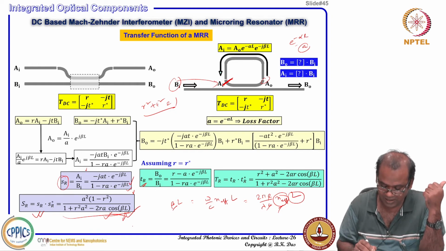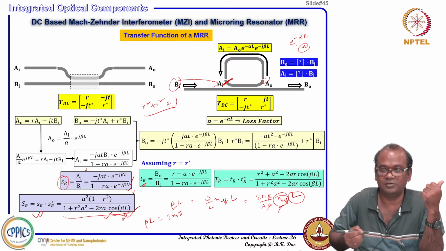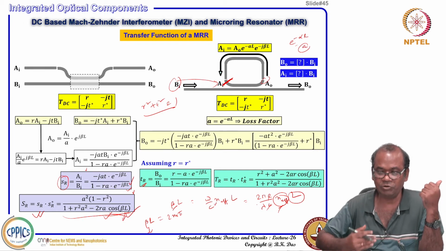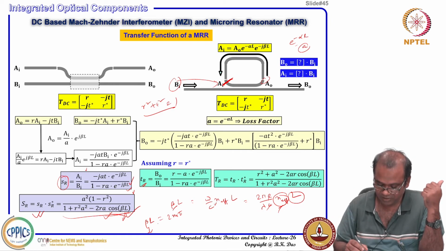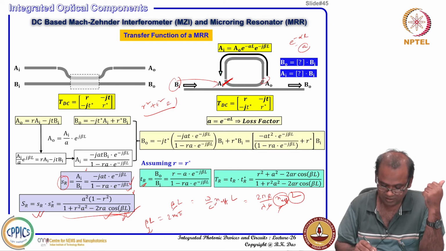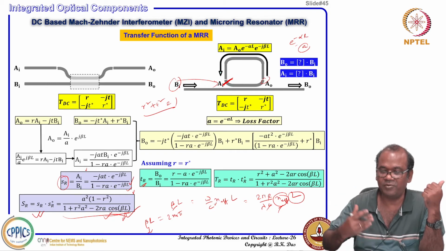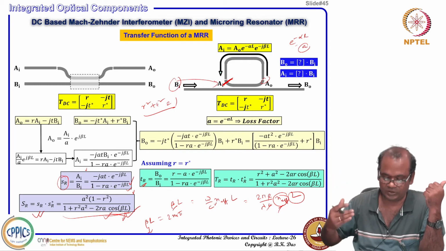So, when beta L equals, say, 2 m pi, for example, m is an integer. Beta you can tune by frequency tuning or lambda tuning. If you change your wavelength or frequency, then you can see that this cos beta L term changes as a cosine function of frequency or wavelength. It can vary from plus 1 to minus 1.